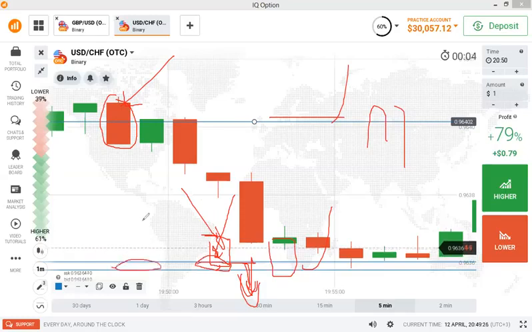Like I told you, support and resistance is an area where buyers and sellers are waiting to buy the market. Like now, I have created my support area. So I'm expecting that buyers should be present at this area to buy the market whenever sellers approach this level.